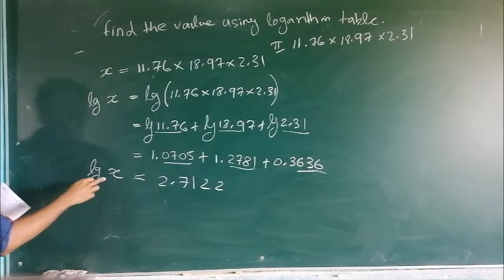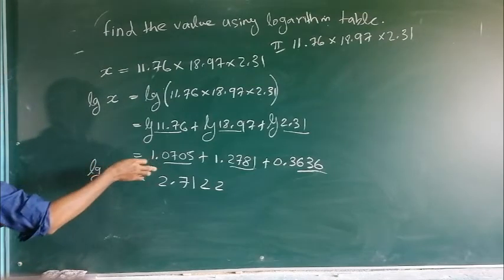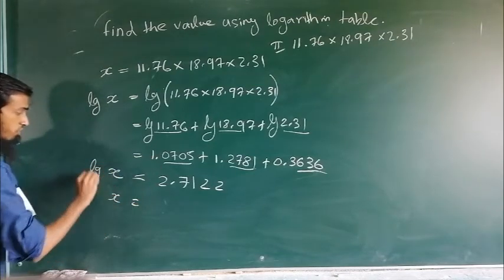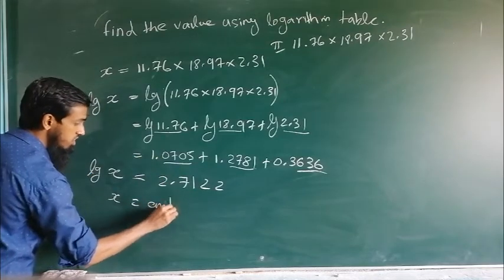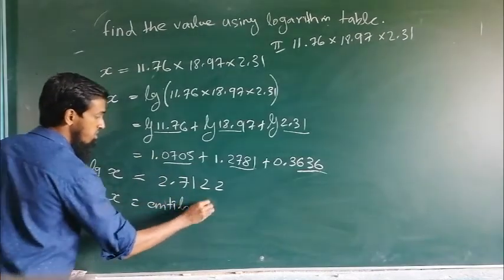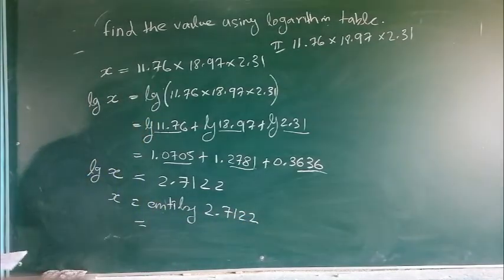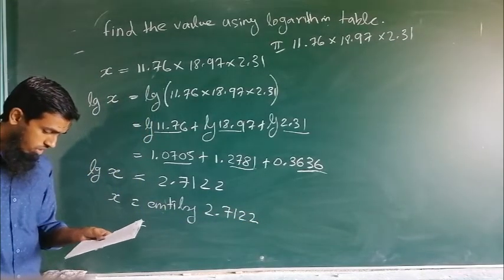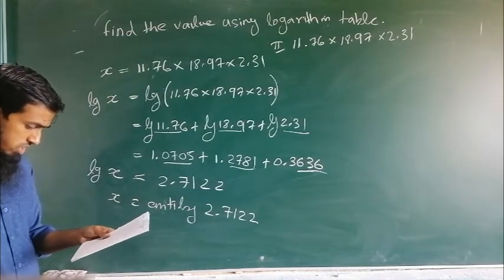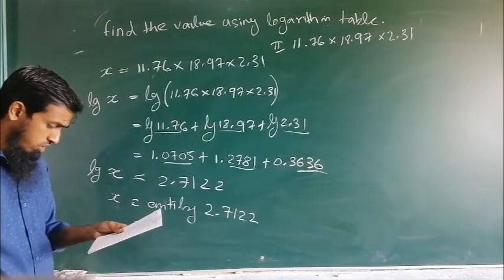Remember this step. If you want to find x, you need to change the logarithm. If you change the logarithm, it becomes antilog. So 2.7122. We need to find the antilogarithm of 7122.